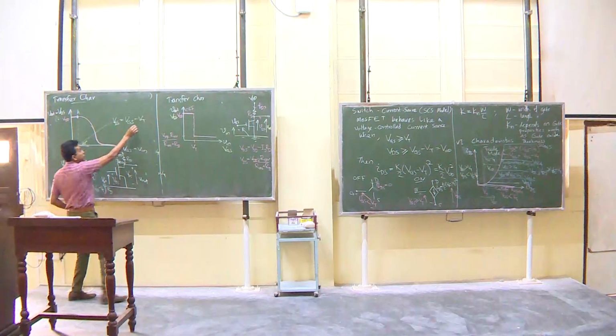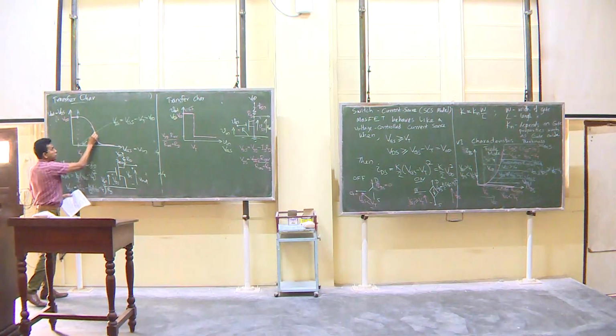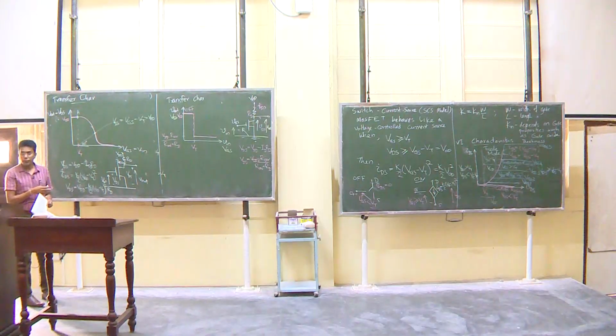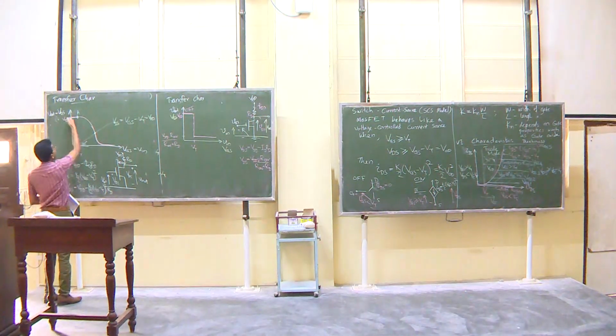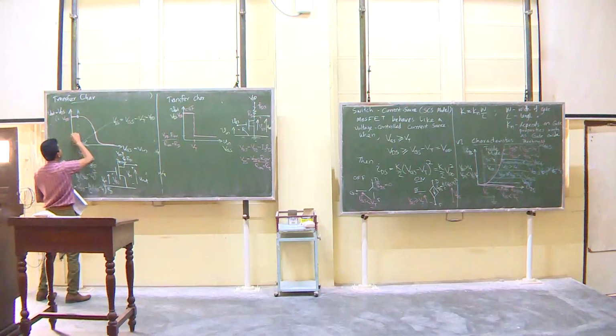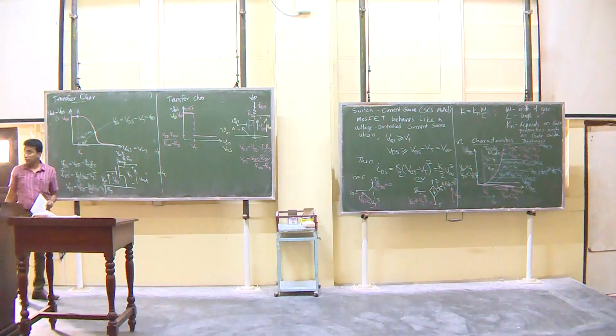So, this is basically the overdrive voltage. Beyond that point, above this line, VDS is greater than V overdrive, correct.